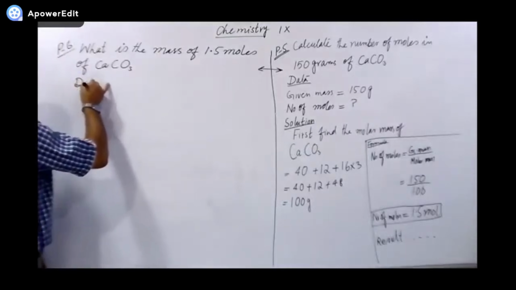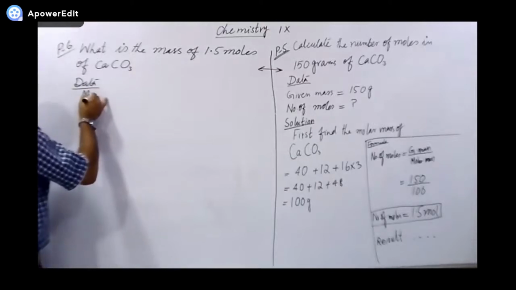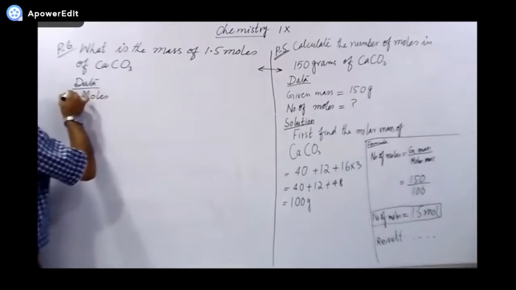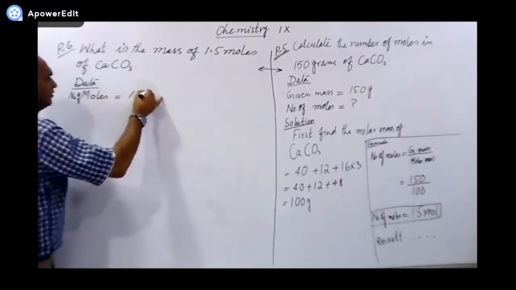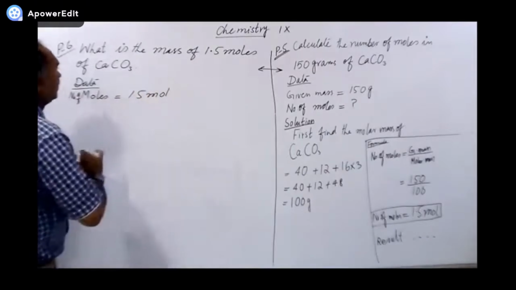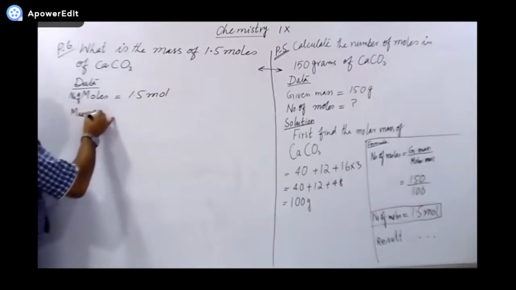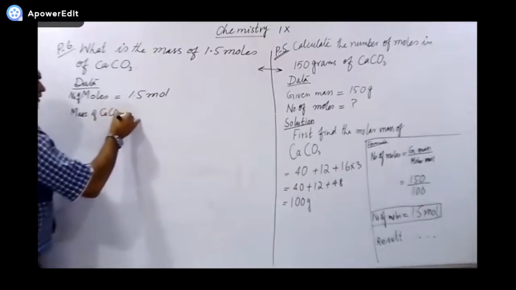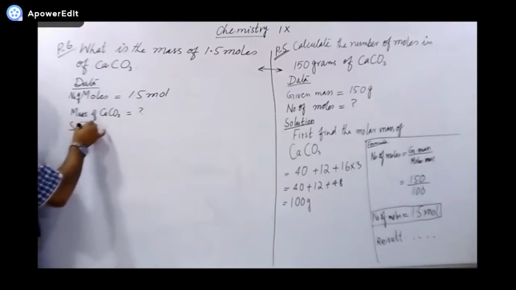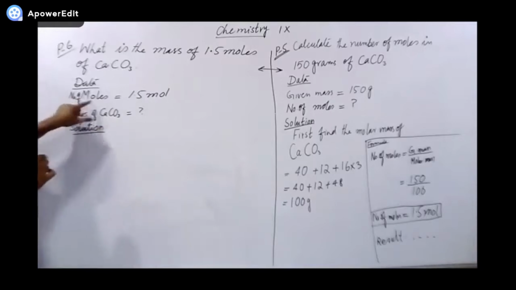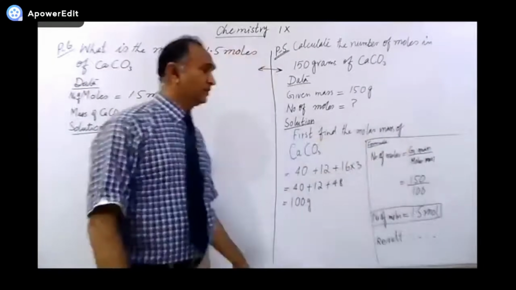Data: number of moles, 1.5. What is asked? Mass of CaCO3 is asked. Solution. Again, we see the two things, mass and mole. So we'll use the same formula, number of moles equal to mass upon molar mass.